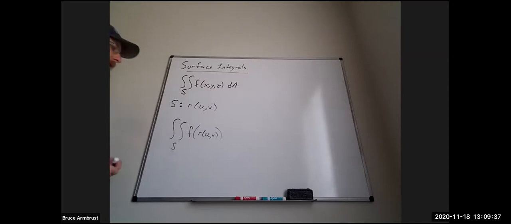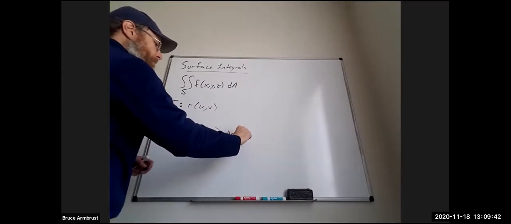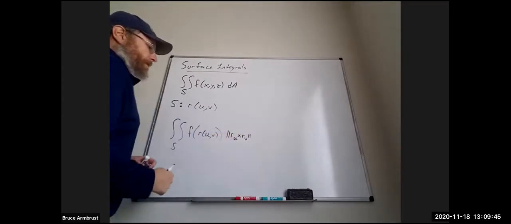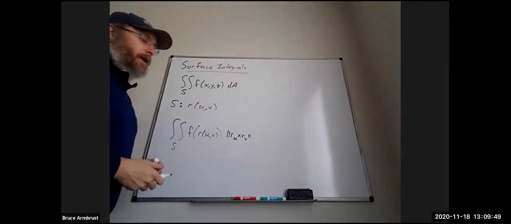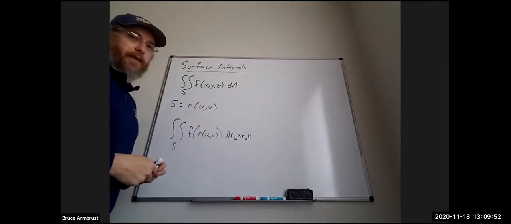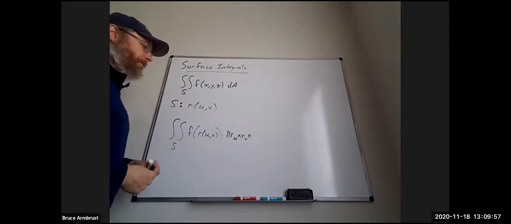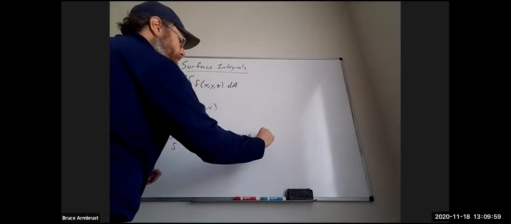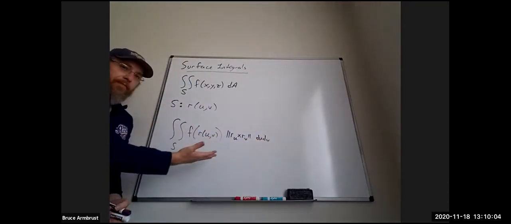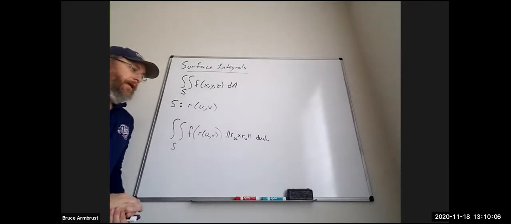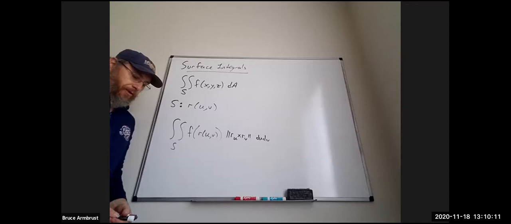And then we saw that this remaining piece, we had to have a Jacobian. In this case, the Jacobian is the magnitude of r_u cross r_v, where r_u and r_v are the partial derivatives with respect to u and v of this parametric surface. And then we get our du dv. So this is the setup that we want to use, and it's just a matter of blitzing through and doing that integral.